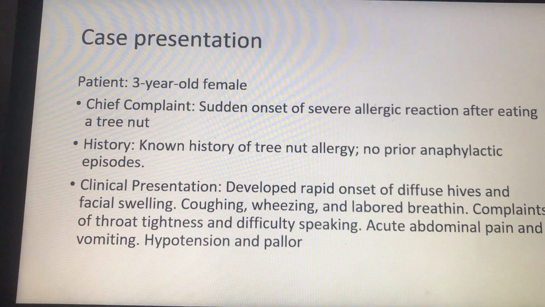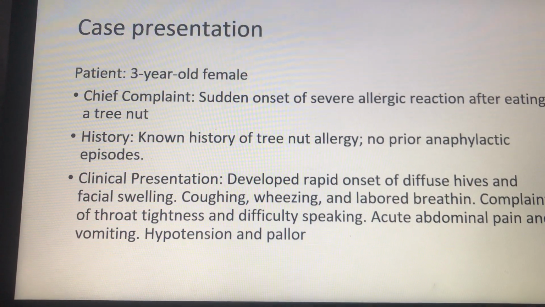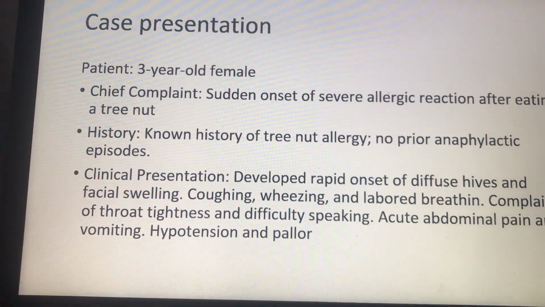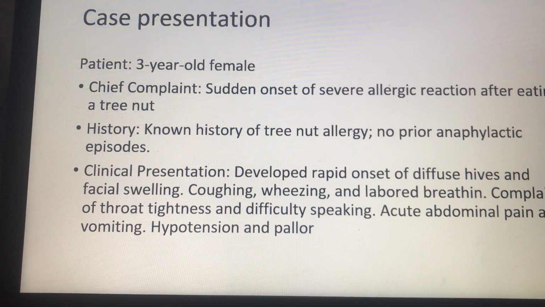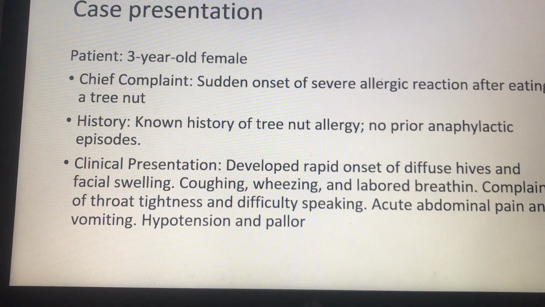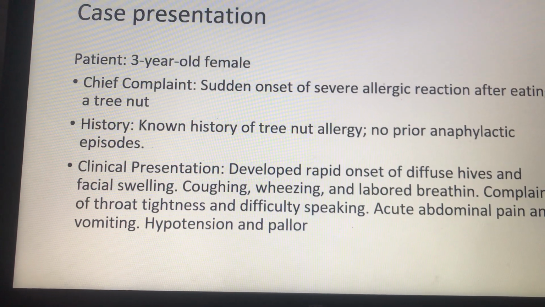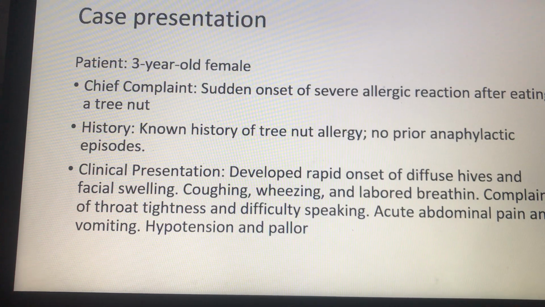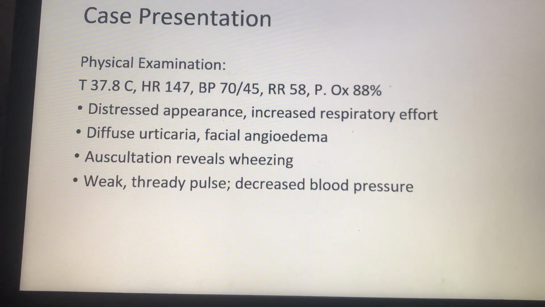This is another case presentation. A 3-year-old female presents with sudden onset of severe allergic reaction after eating a tree nut, with no history of tree nut allergy and no prior anaphylactic episode. She developed rapid onset of diffuse hives and facial swelling, coughing, wheezing, and troubled breathing, complained of throat tightness and difficulty speaking, acute abdominal pain and vomiting, hypotension, and pallor.